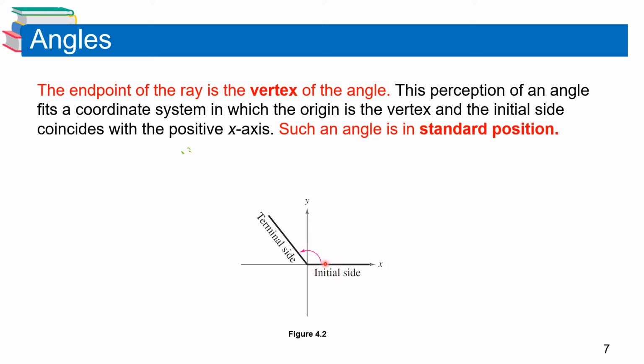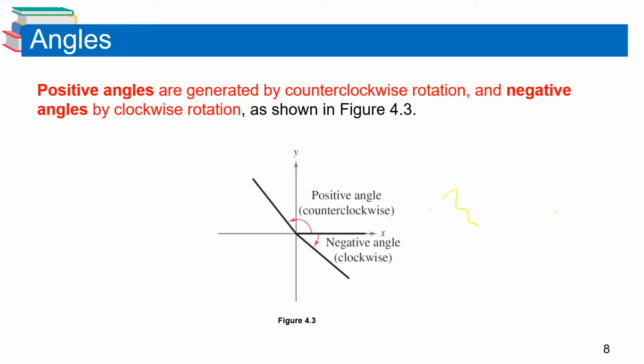So when you're taking the initial line which is along the positive side of the x-axis, and you rotate a ray from that line, then this position is called a standard position. If you take this angle, it is your positive angle, and if you're taking the angle between the positive side of the x-axis and the terminal line in the other direction, this will be your negative angle. So you have a positive angle and a negative angle.